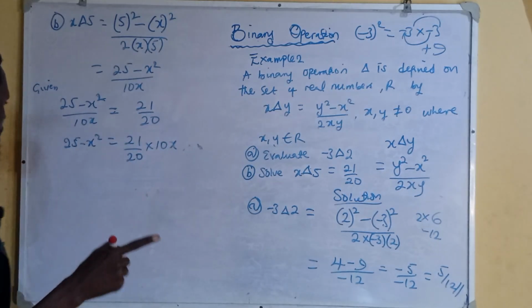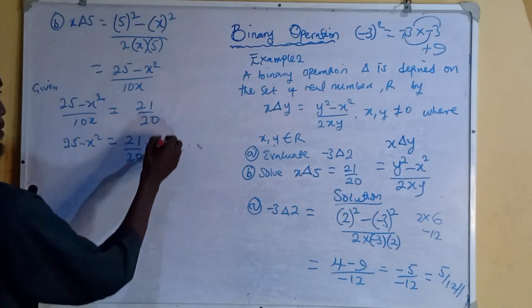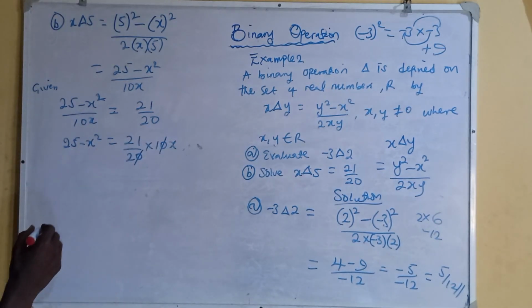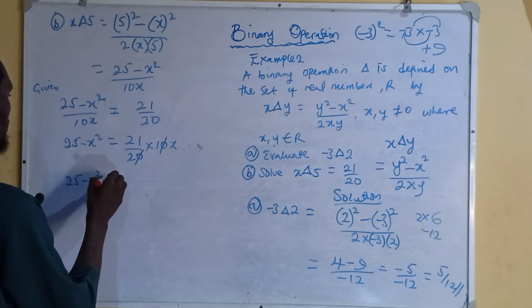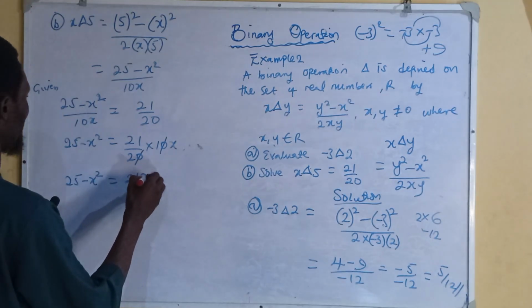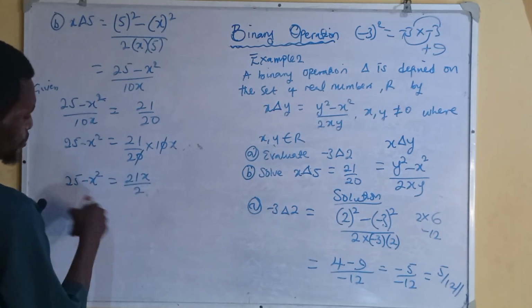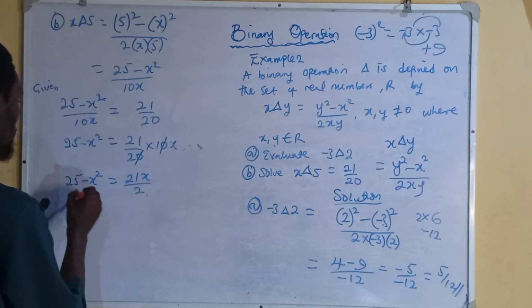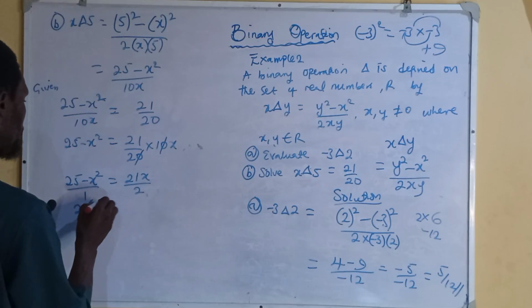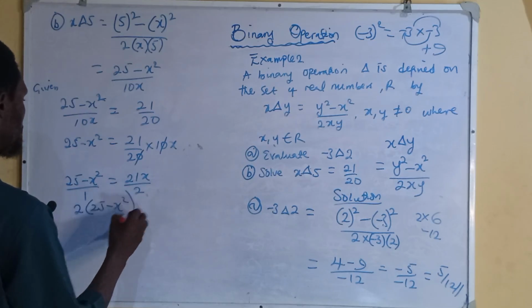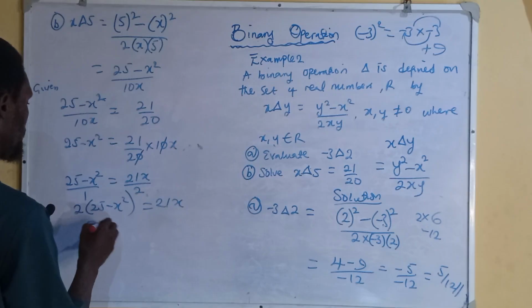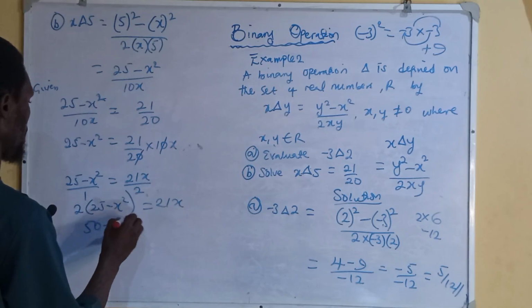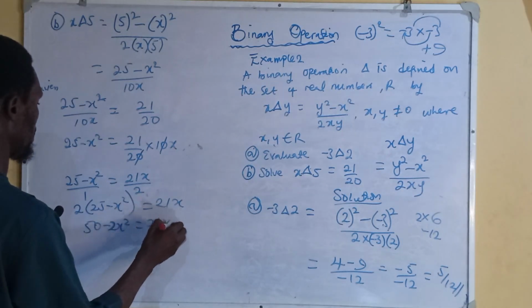And you know why I did that? Because this will cancel this one. So you have 25 minus x squared equals 21x over 2. So you cross multiply, and you have 50 minus 2x squared equals 21x.